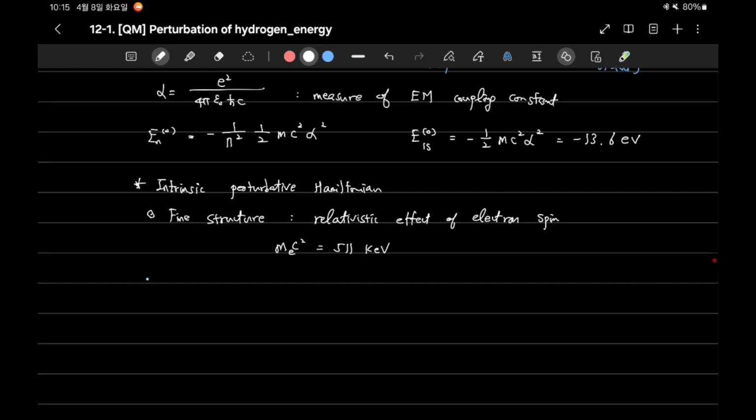The other one is the hyperfine interaction, the hyperfine structure. Hyperfine structure is the interaction we already studied in chapter 11. It comes from the interaction between the electron and nuclear magnetic moment.